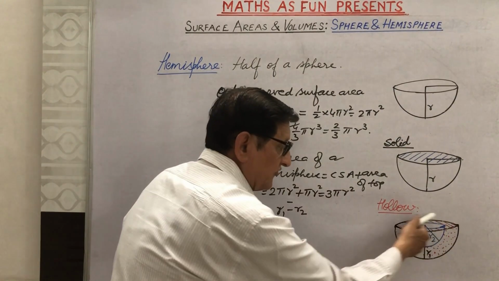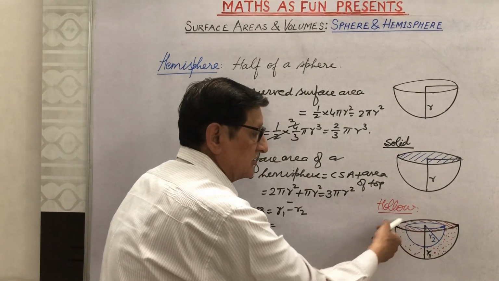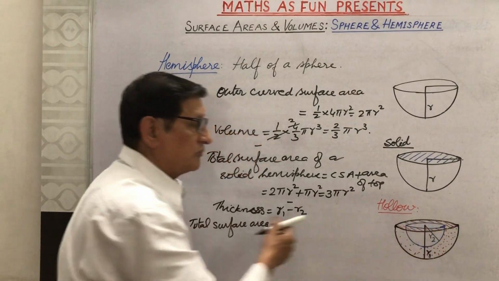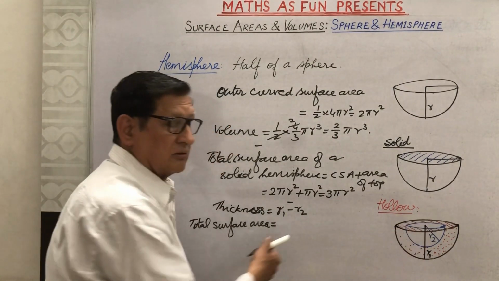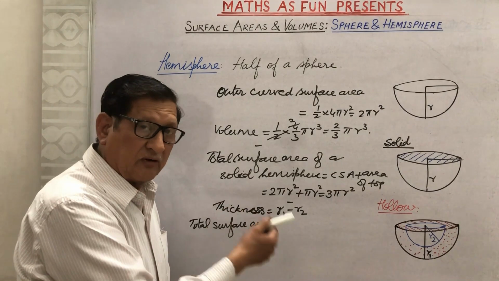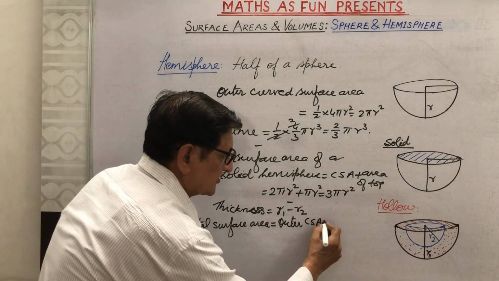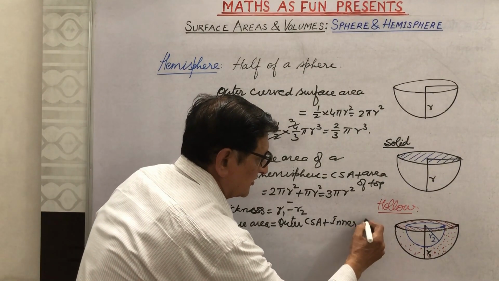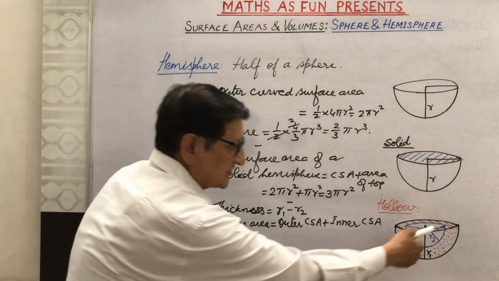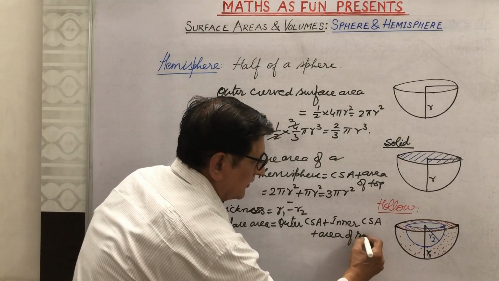One is outer surface, another is inner surface, and third is the ring which is made on the top of it. Hence the total surface area of this will be given by outer curved surface area plus inner curved surface area plus area of circular ring.